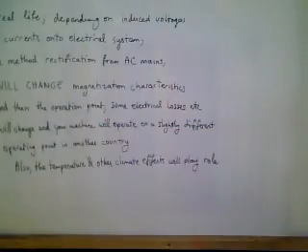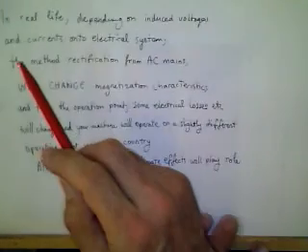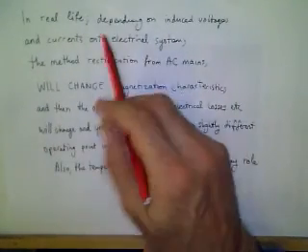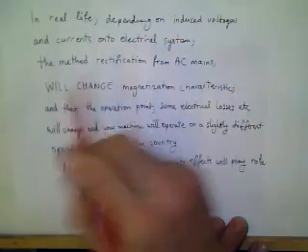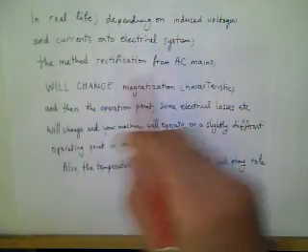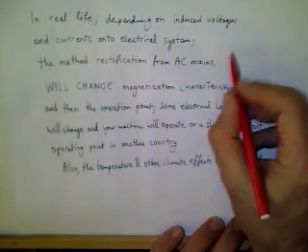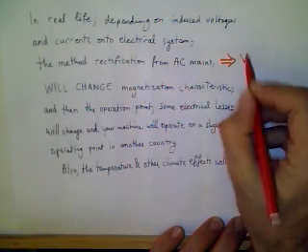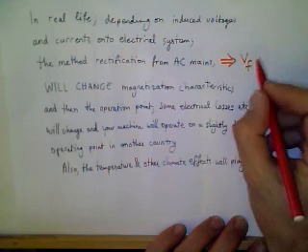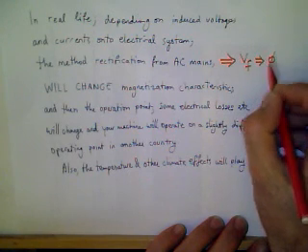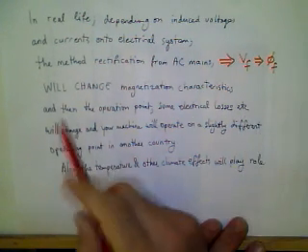But in real life, depending on induced voltages and currents in the electrical system, the method of rectification from AC mains is related to, for example, obtaining the field voltage, and that also will affect the field flux.